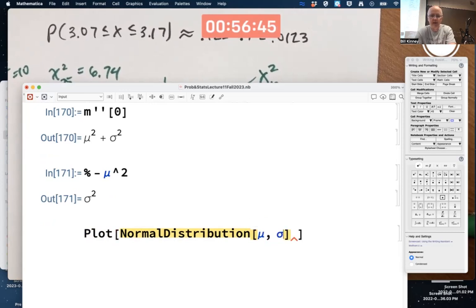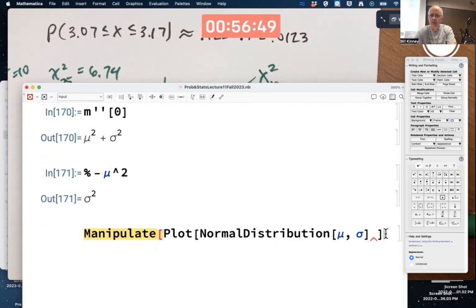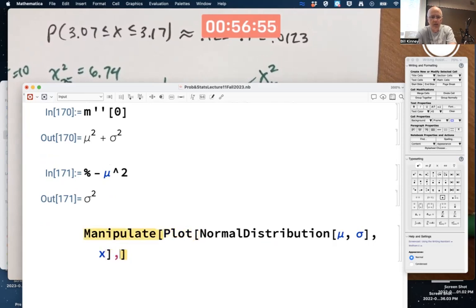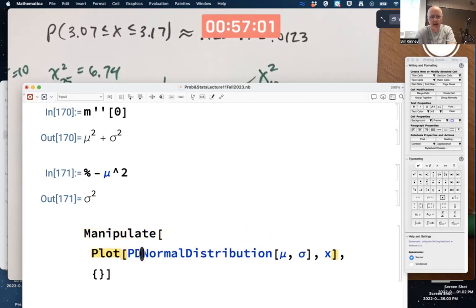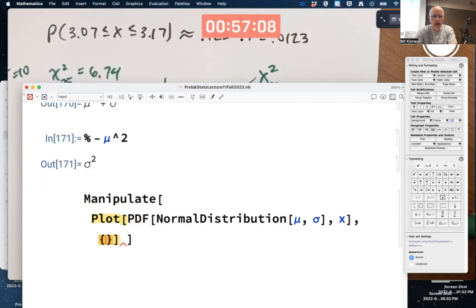As mu and sigma vary, how about I put this inside a manipulate so I can watch what happens as mu and sigma vary. I need my x here, comma x. I got my square brackets messed up. Okay, I forgot the PDF. X going from, say, negative 10 to 10 or something. Well, let's try negative 5 to 5.